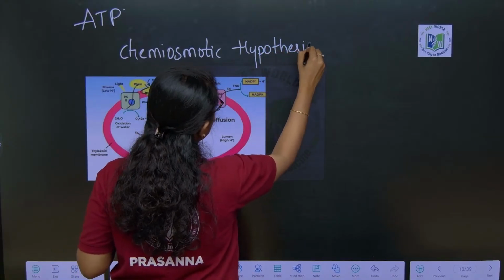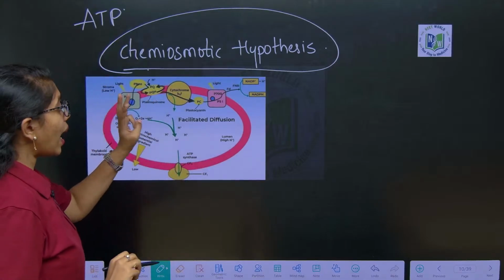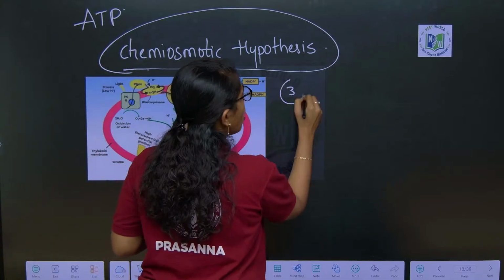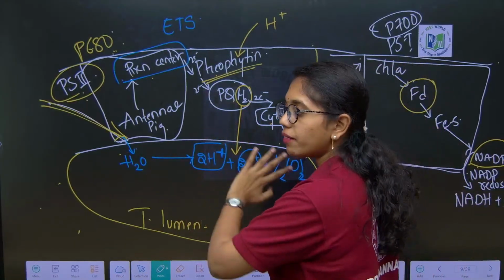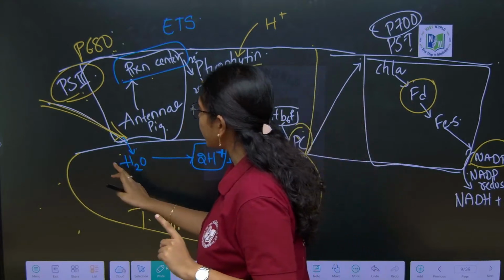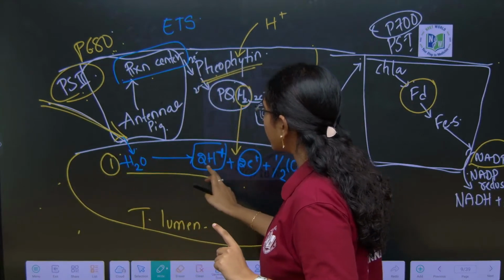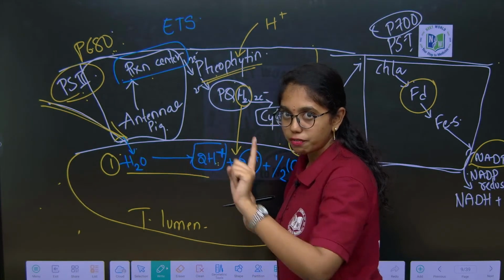In this chemiosmotic hypothesis, you have to remember 3 points. All the 3 points will be covered from non-cyclic photophosphorylation only. First point is what? Due to photolysis of water, more protons are accumulated inside the thylakoid lumen. That is the first point.